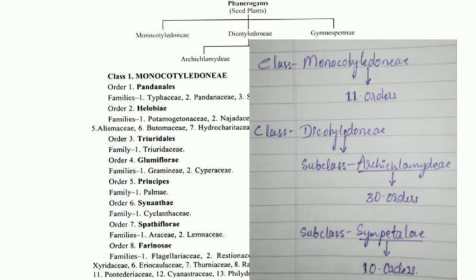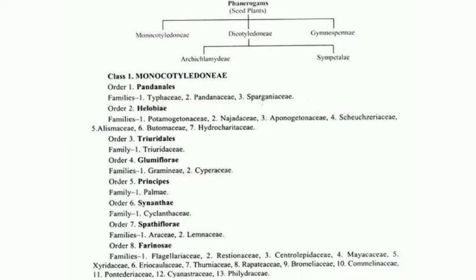We shall see each order and the respective families coming under that. First we shall see the orders under monocotyledonous. There are totally 11 orders.